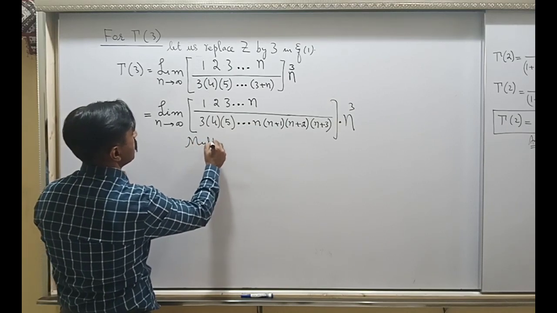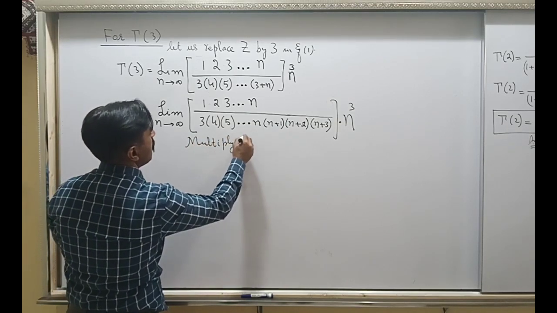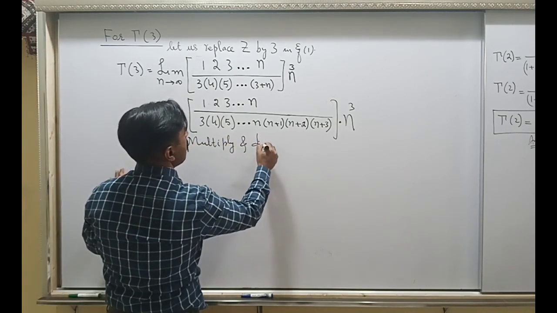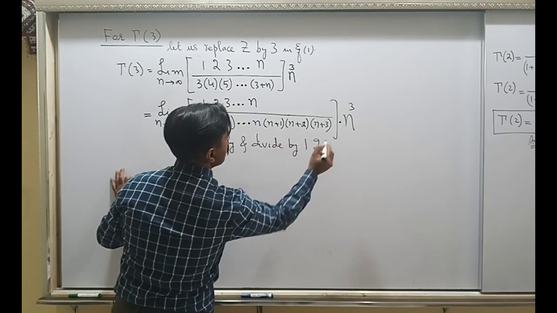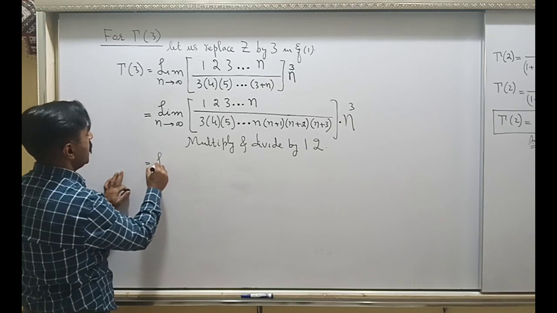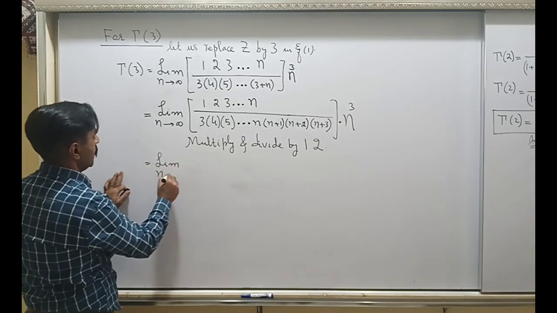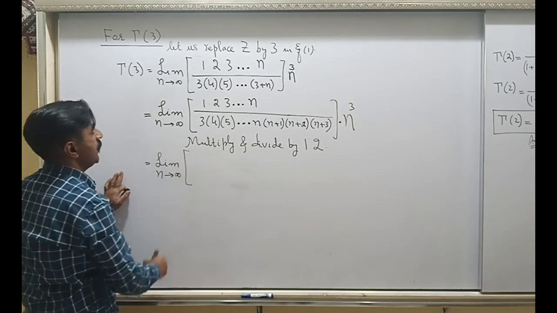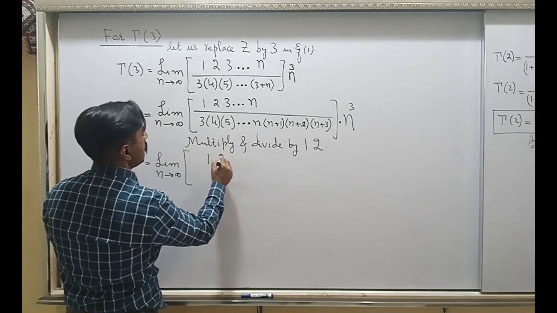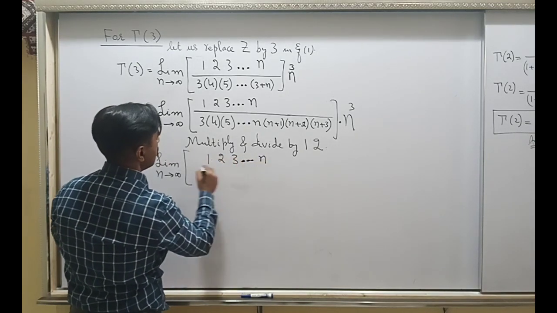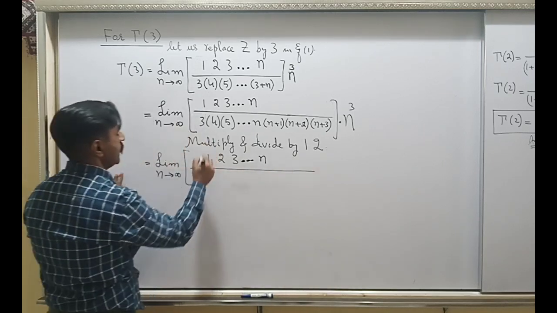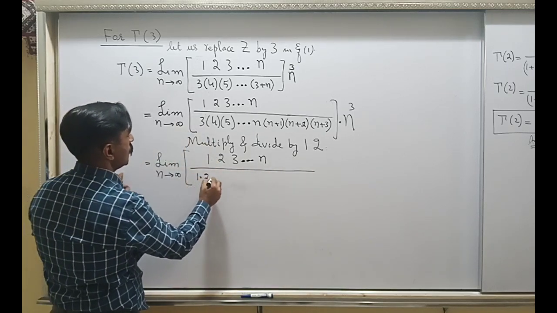Multiply and divide by 1 into 2. So limit n approaches infinity, 1 into 2 into 3 up to n over 1 into 2.